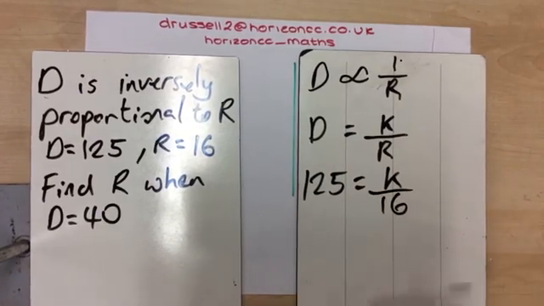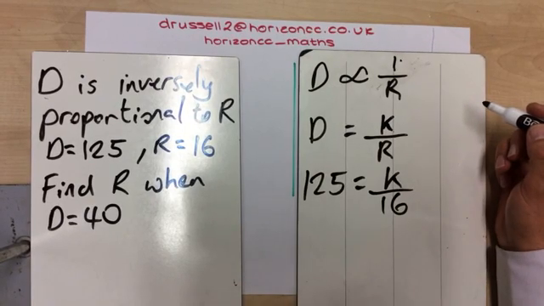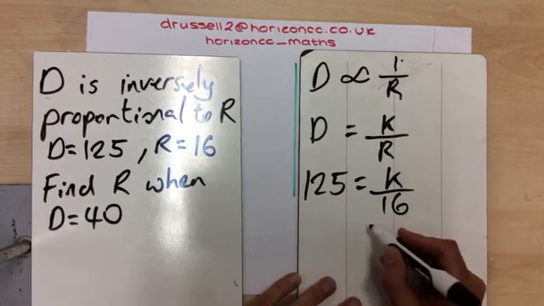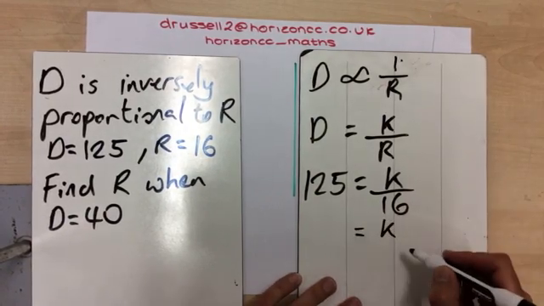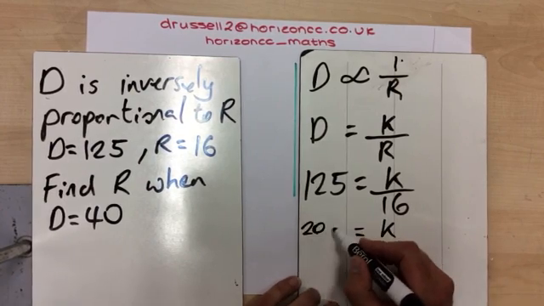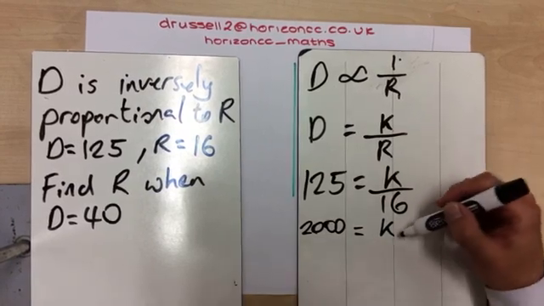So at this point we can multiply both sides by 16 to figure out what K is, which I think is 2,000. 16 times 125, is that 2,000? Yeah. Okay, thank you very much. So we've now got that K equals 2,000.